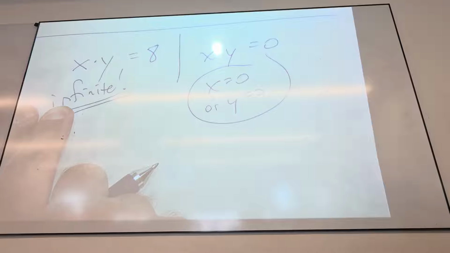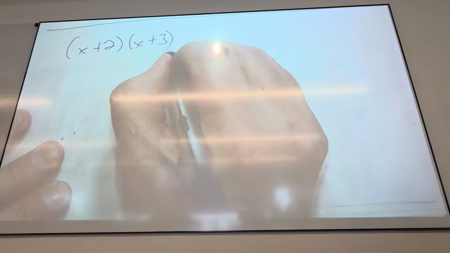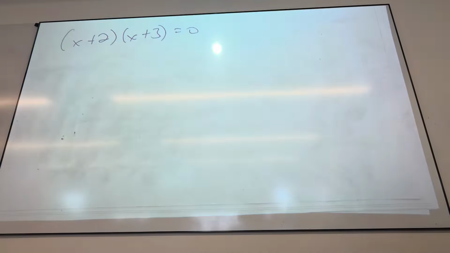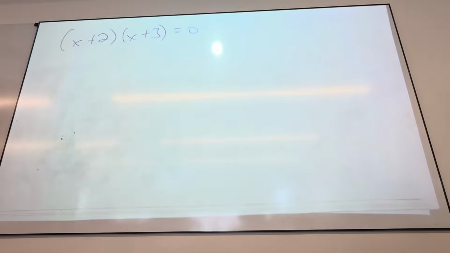You with me? So watch this. What if I had this equation? Do you see how that's 2 numbers? What is x plus 2? A really good answer right now would be I don't know. But what does it represent? It represents a number, correct? If x was 3, it would be the number 5. What's x plus 3? Another number I don't know.